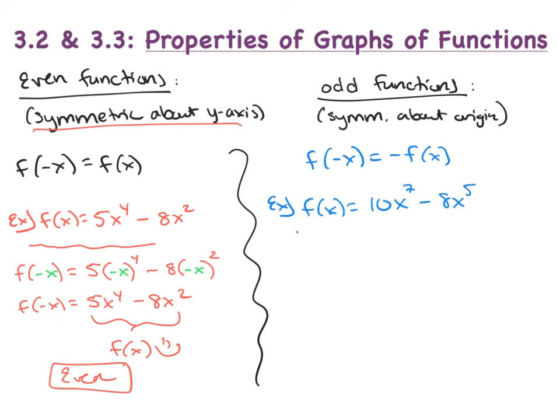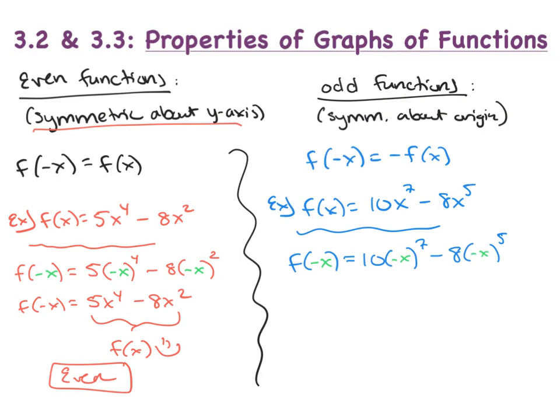Okay, so to check that, we're going to do exactly the same thing we did for the even function. We're going to plug negative x in for x and see what happens. So everywhere I see an x, I'm going to replace it with parentheses. So 10x to the 7th is 10 parentheses to the 7th. And 8x to the 5th is 8 parentheses to the 5th, and I'm going to put that negative x in there.